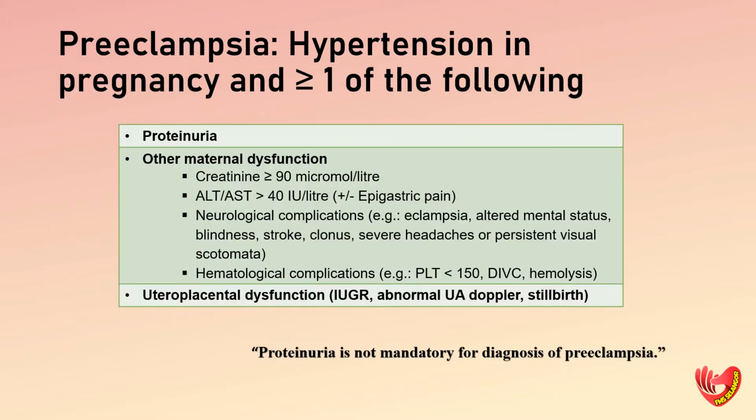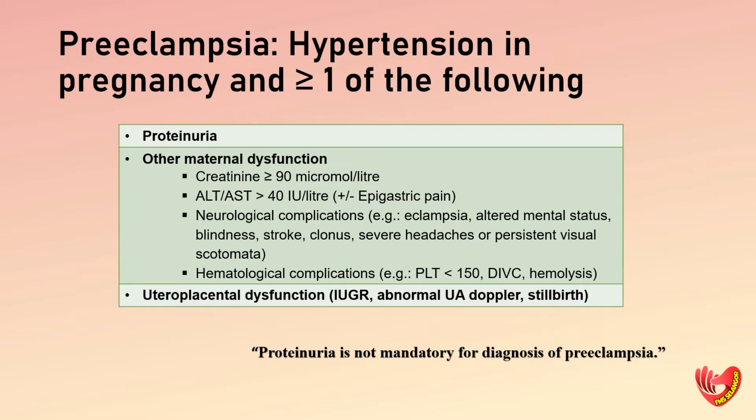What is preeclampsia? This is when, with the presence of hypertension in pregnancy, there is one or more of the following criteria. First, proteinuria. Second, any other forms of maternal dysfunction involving other organs, such as when the creatinine is more than 90, ALT, AST more than 40, or the presence of neurological complications or hematological complications.